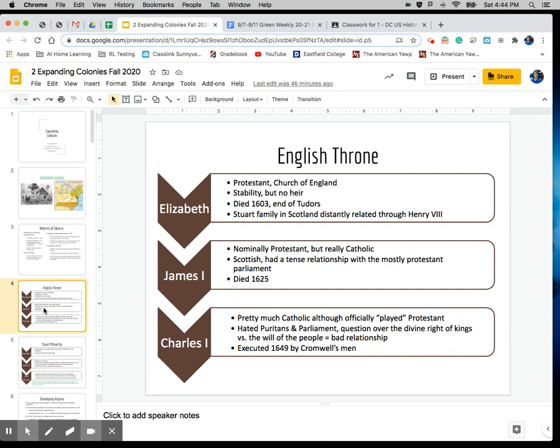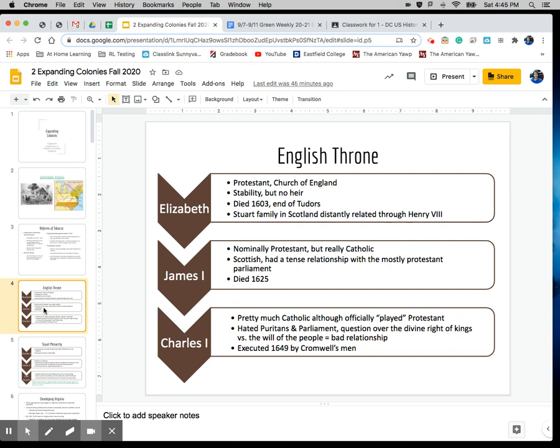And so then when James dies, he's replaced by Charles I, right? Charles I, again, was raised Catholic by his mother. When he becomes king, he gives up Catholicism and becomes Church of England, but he's not very good at not complaining about it, right? And his wife is a very devout Catholic. And he really wrestles with Parliament, right?